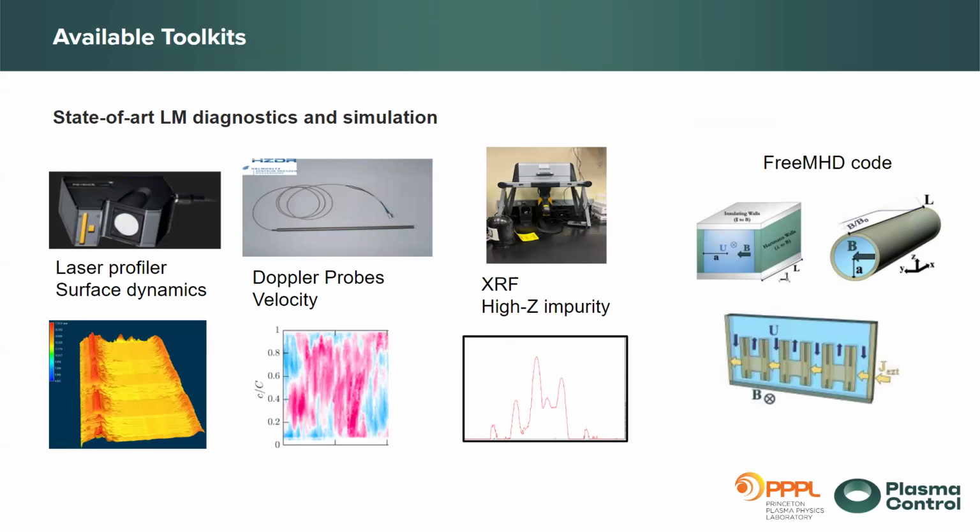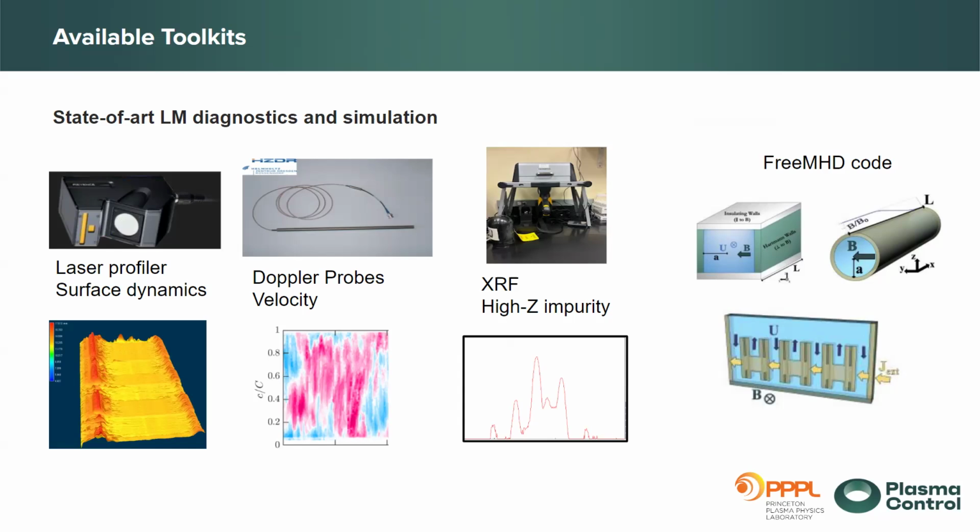We have laser profilers, where you can see the surface dynamics and oscillations over time. And we have Doppler probes, velocimetry techniques, which were part of my PhD thesis. We have XRF, a handheld X-ray machine at the PUR Lab that can measure high Z impurities.